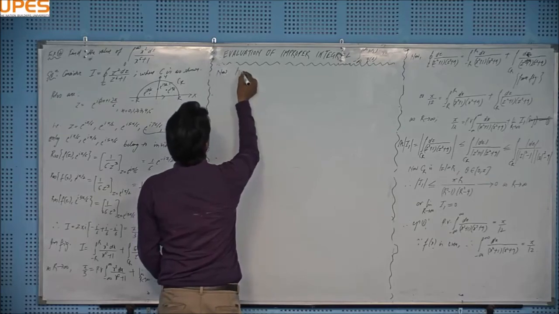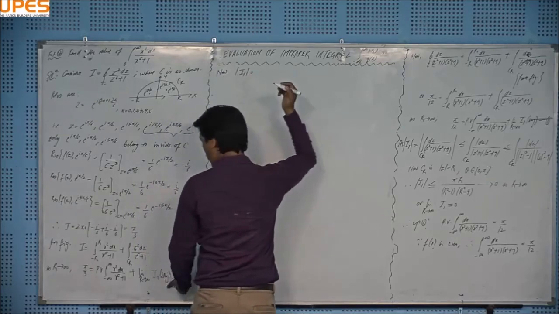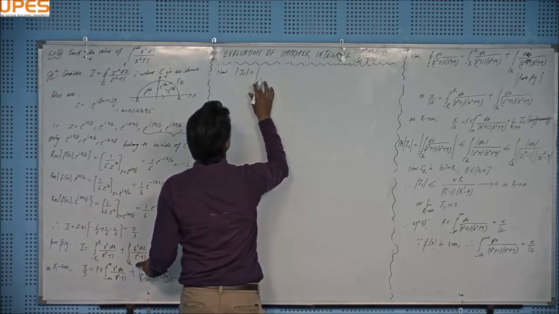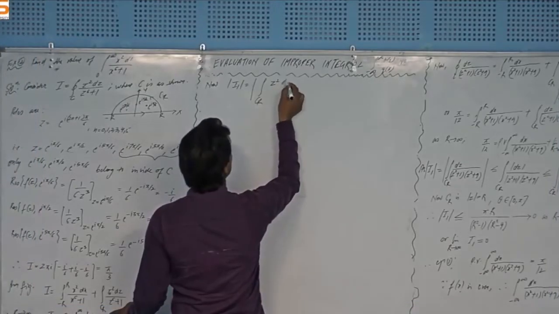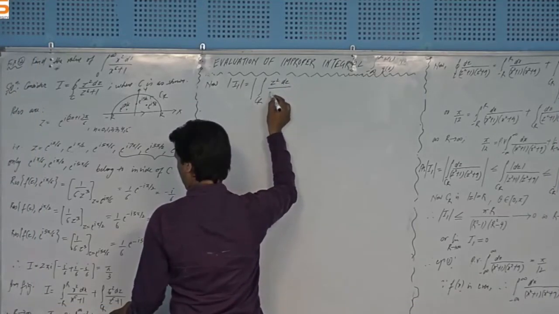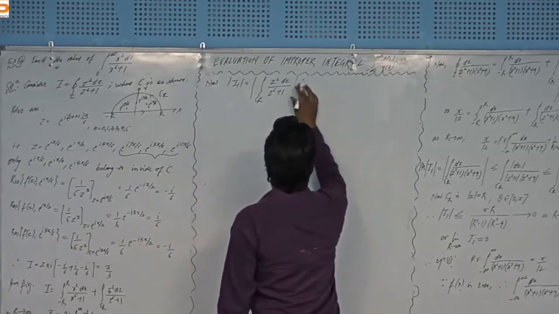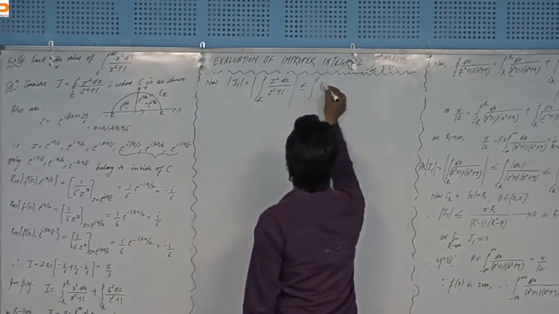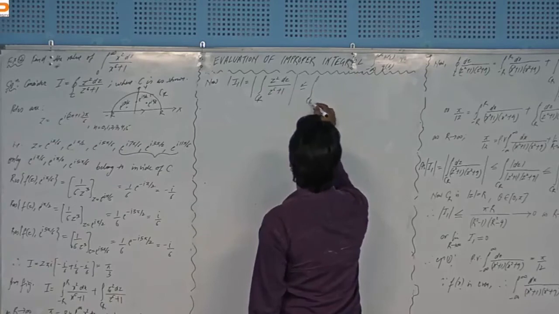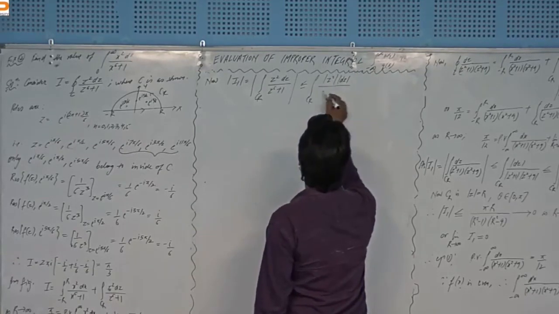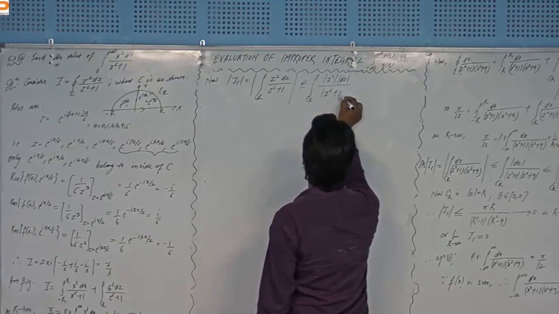Now mod of I1 is equal to mod of the integral evaluated along CR of z square dz over z to the power 6 plus 1. So it will be less than or equal to the integral over CR of mod z square mod dz over mod of z to the power 6 plus 1.